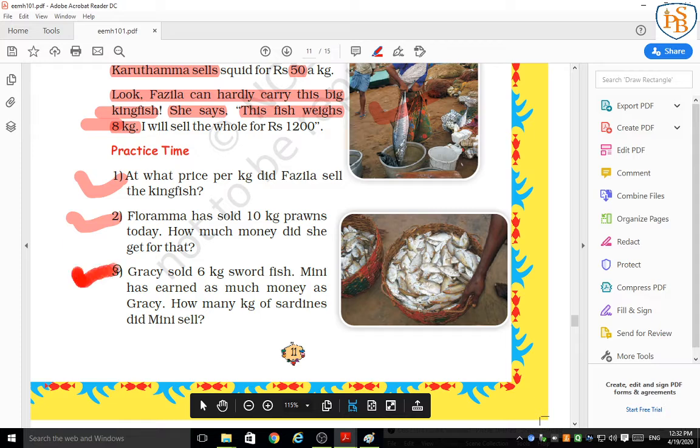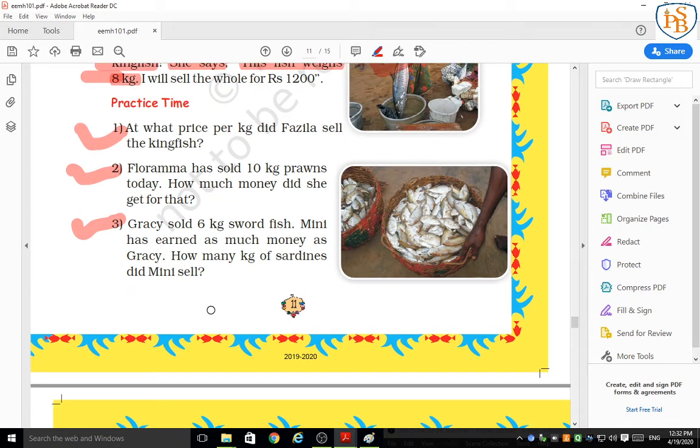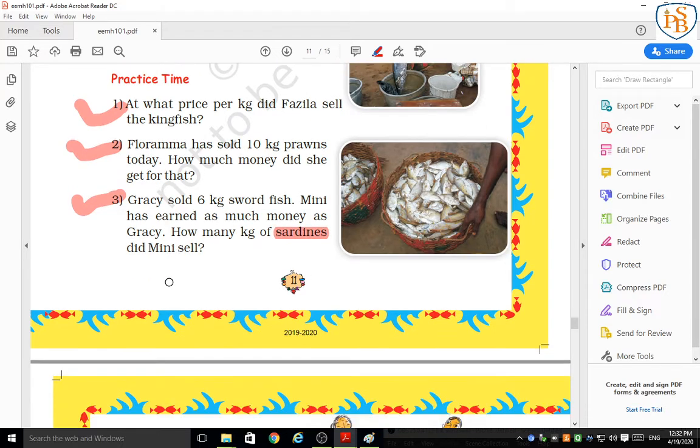Understood? If your work is done, we will go for the next question. Gracie sold 6 kg swordfish. Minnie has earned as much money as Gracie. Then how many kg of sardines did Minnie sell? Again, sardines means the small fishes. Correct? What are they given? Gracie sold 6 kg swordfish. Minnie has earned as much money as Gracie.